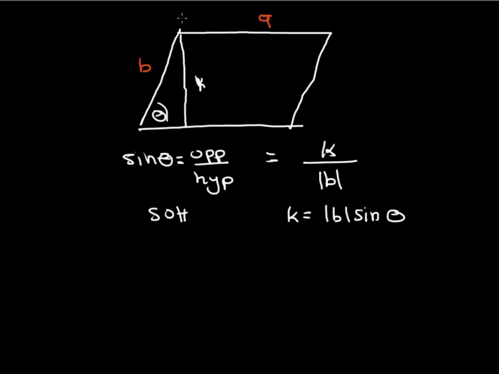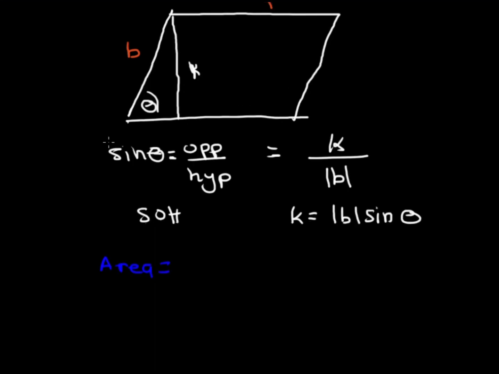Now, as I said, this is a parallelogram, and the area of a parallelogram is equal to the vertical side, which is represented by K, times the horizontal side, which in this situation is A. So we have the product of K times the magnitude of A. Now we have derived that K is equal to the magnitude of B sine theta.